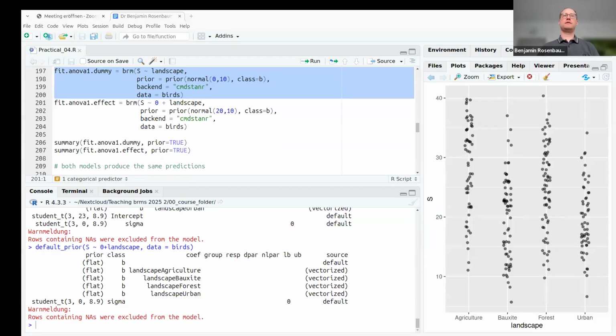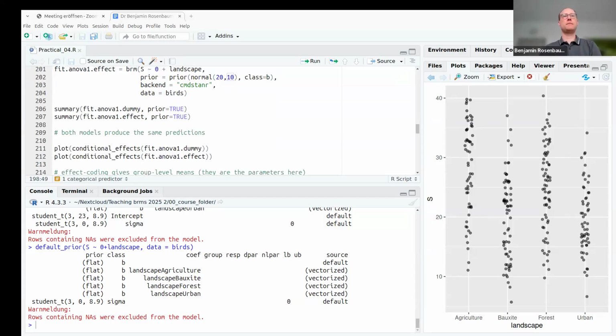So centering them around 0 is a good idea, because the differences can be positive or negative. And the standard deviation here is a measure of how much you think they are deviating from the reference level.